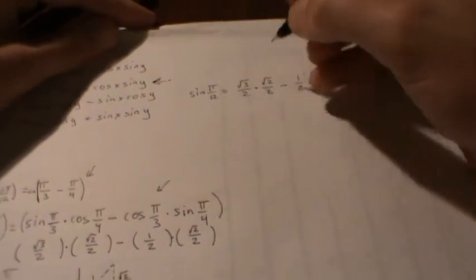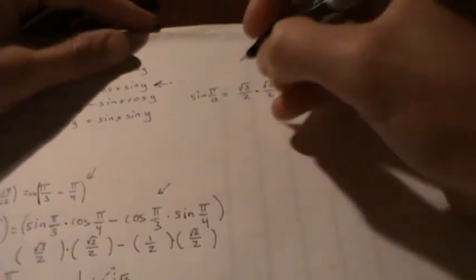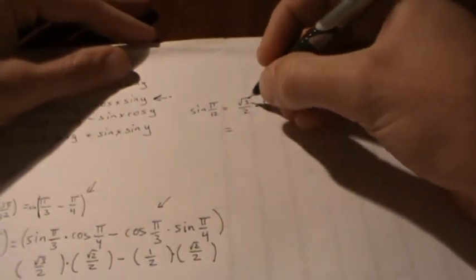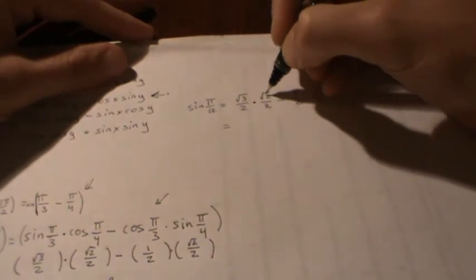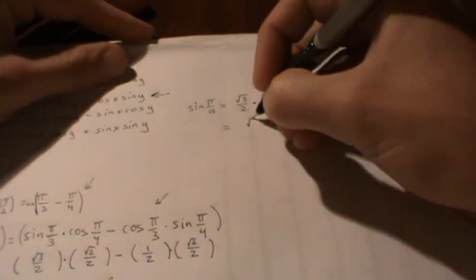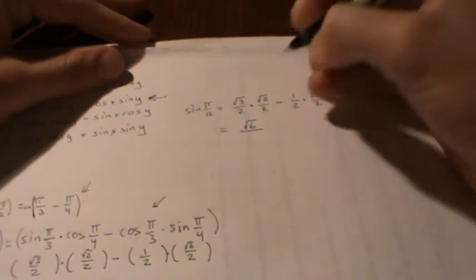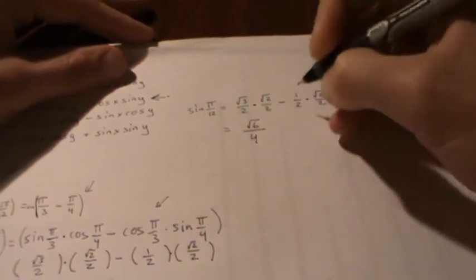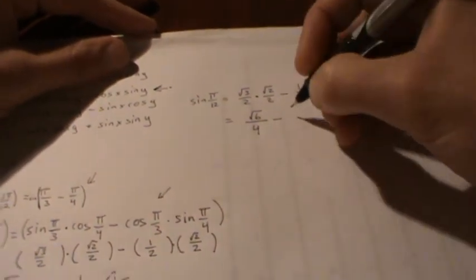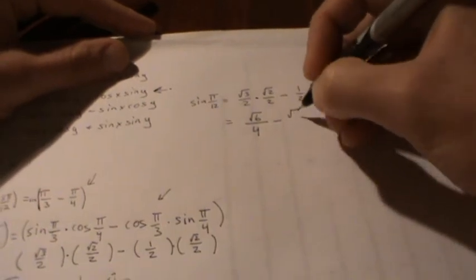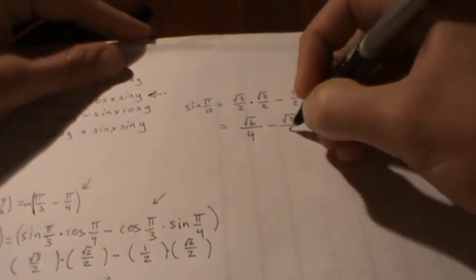And so we go and try and solve this. Now, square root of 3 times the square root of 2 is the square root of 6 over 4, minus square root of 2 over 4.